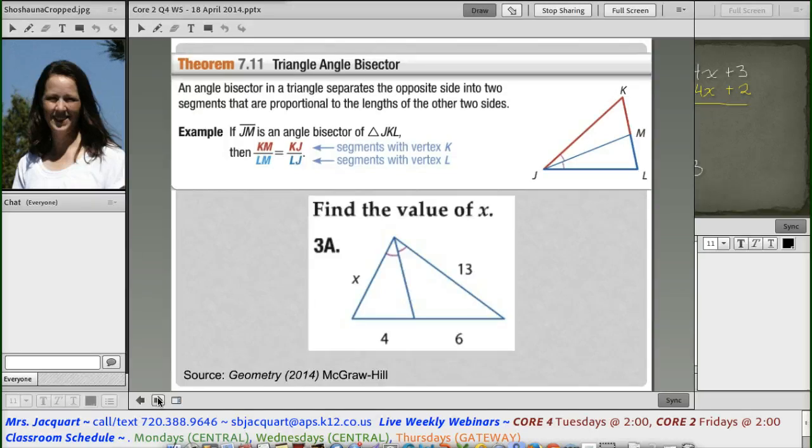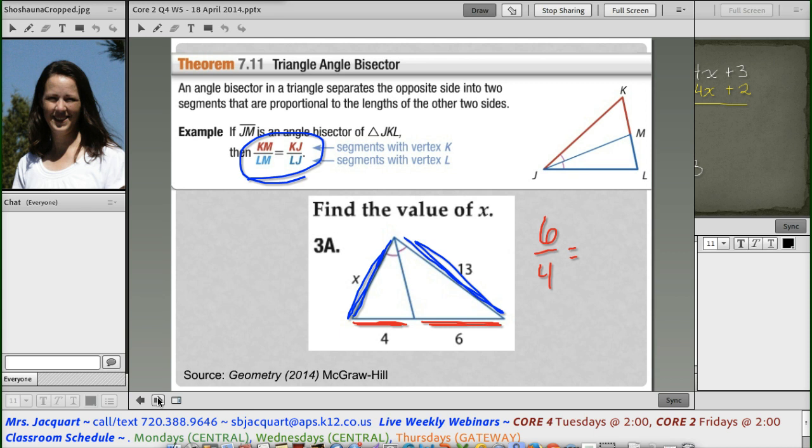So what they're saying is that's how they're setting it up in their fraction. I know they used red and blue too, but this is how they set up their fraction-y parts. And so to set it up, I'm going to use 6 over 4. No reason why I picked it that way. I could have flipped it, but now I have to use the big one over the small one again. And then let's go ahead and work it.